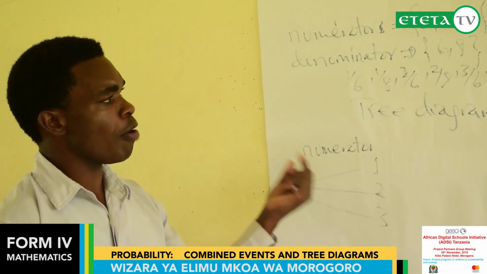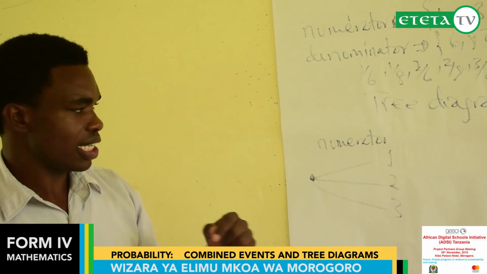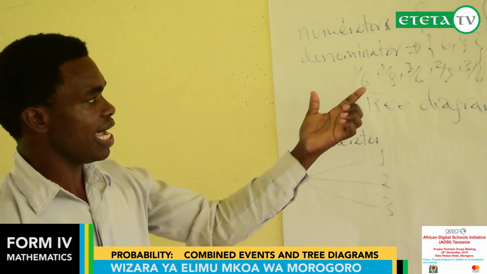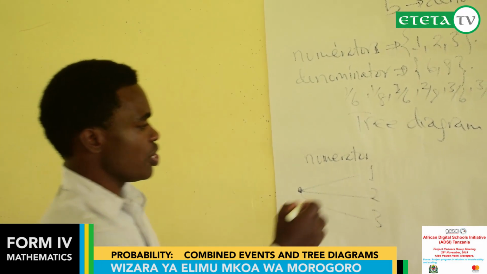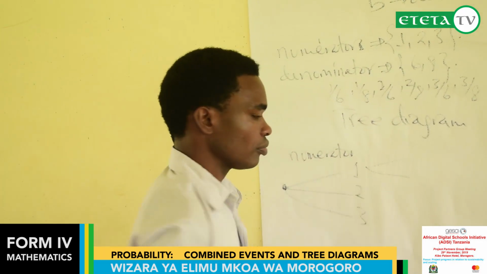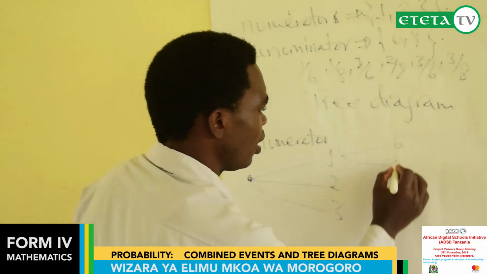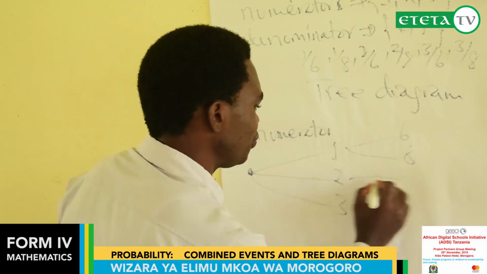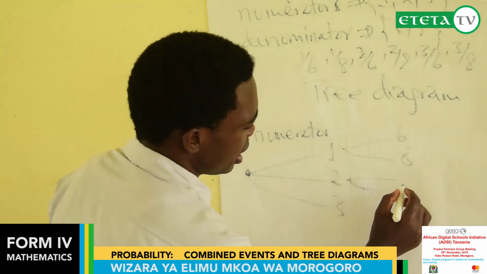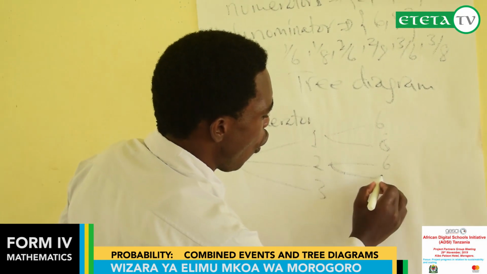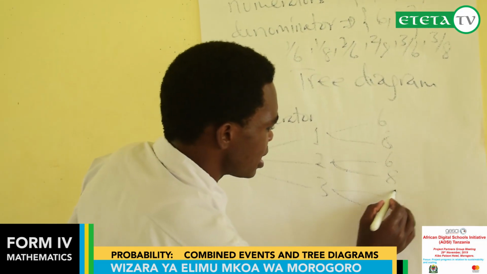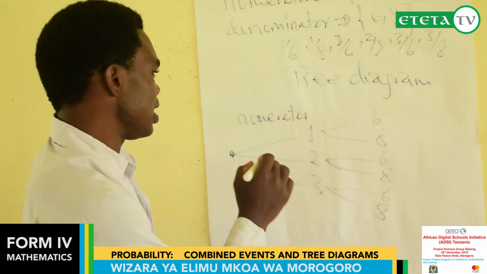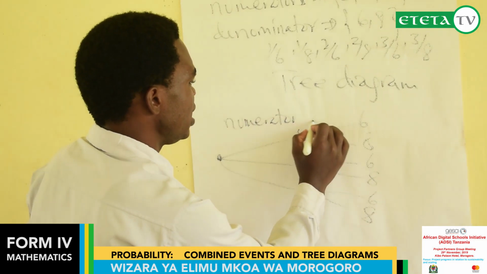But each one must be combined with a denominator digit, either 6 or 8, so that it can make the fraction. So 1 can be made with either 6 or 8. And again 2 can be made with either 6 or 8. Similarly, 3 can be made with either 6 or 8. But this is the case for denominators.